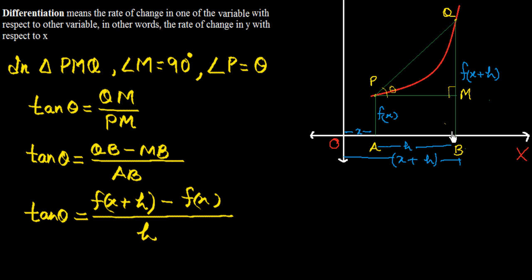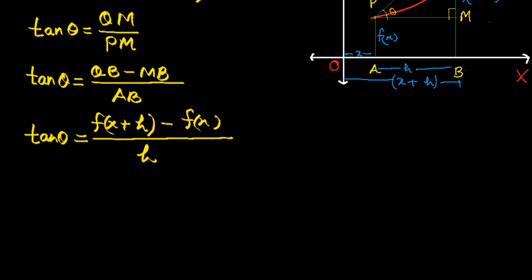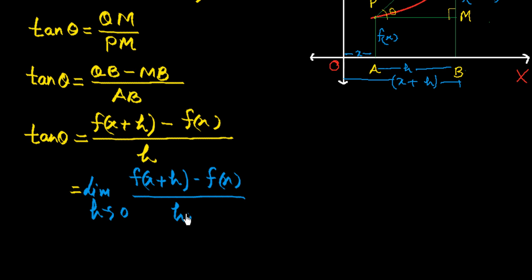But if we reduce this, we make Q coincide with P. Q approaches P as h tends to 0. B approaches A and h becomes 0. So we take the limit, h tends to 0, of f of x plus h minus f of x over h.